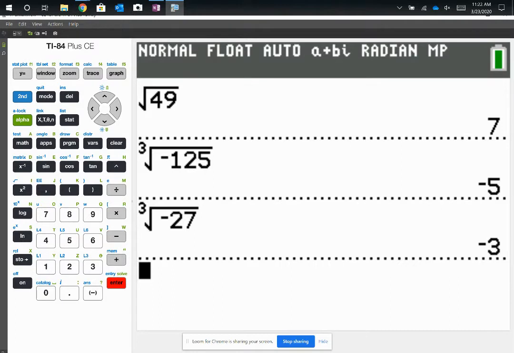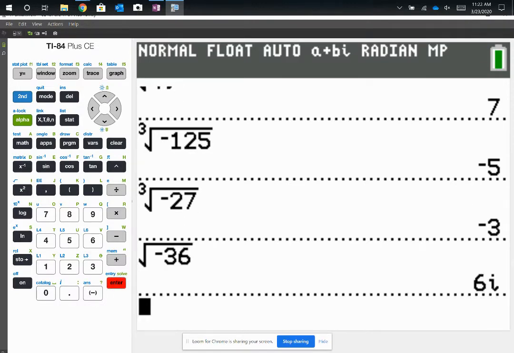But look what happens if we try to take the square root of a negative number, say negative 36, we get what's called a complex number. Now, this 6i means that the number is not a real number. Okay, not a real answer.